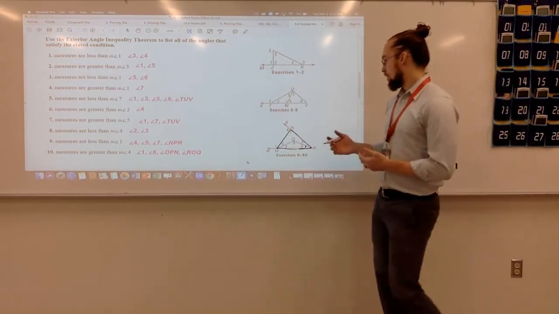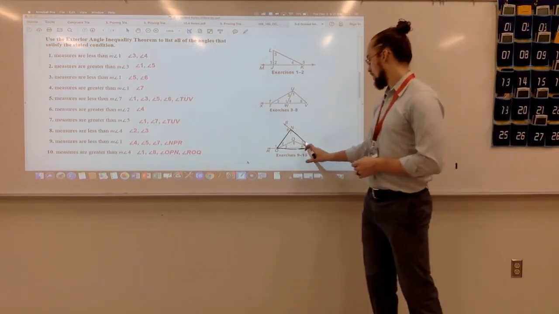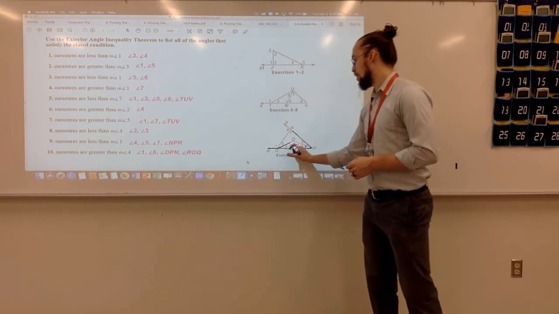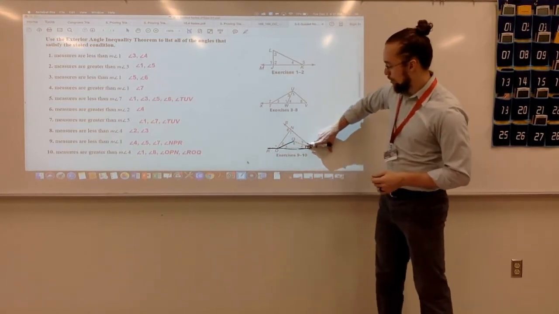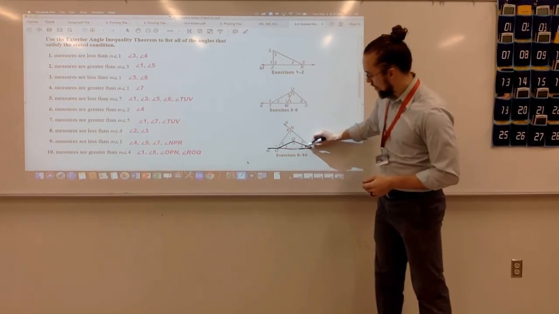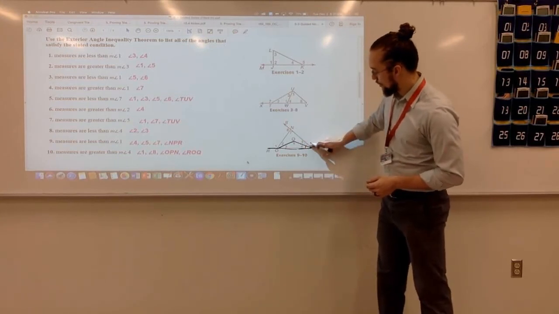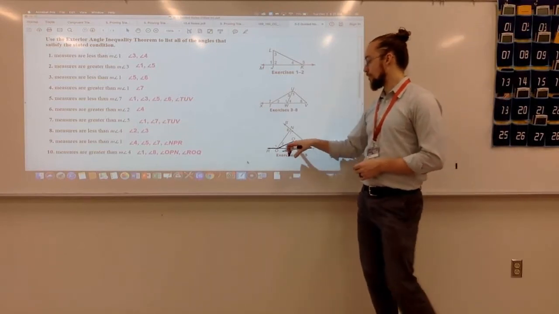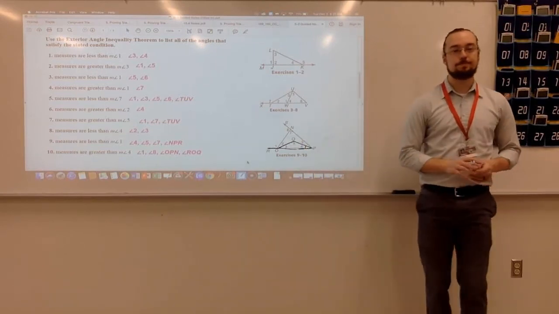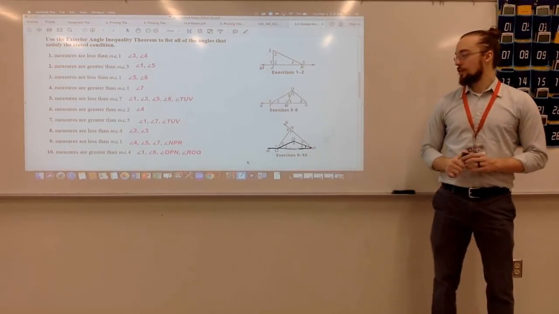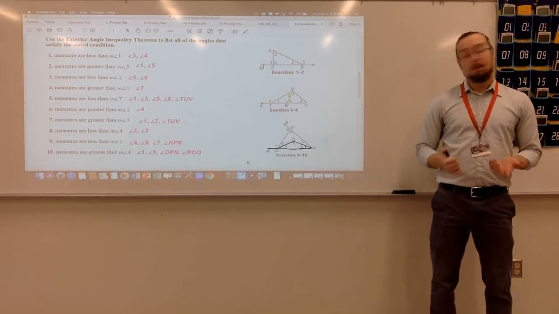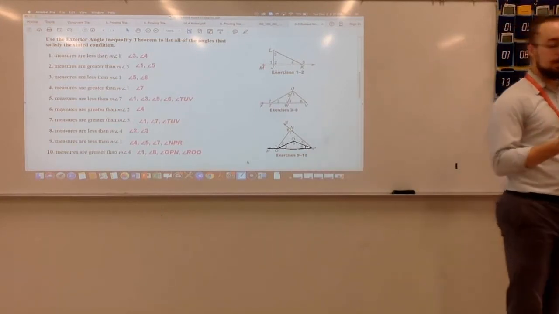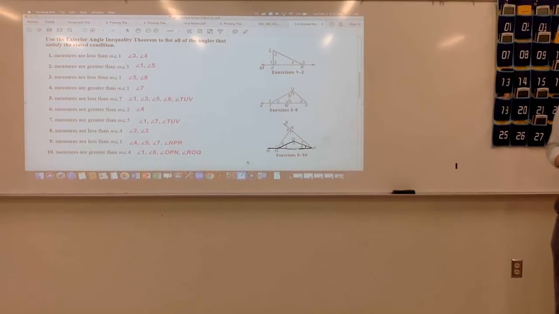And then the last one, they say that this angle right here, angle ROQ, would be an exterior angle to this smaller triangle. So angle ROQ would have to be greater than both 4 and 6. Especially when we start throwing triangles inside of triangles, it can get a little bit tricky to catch all of them.